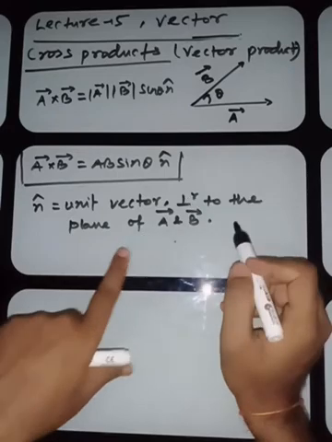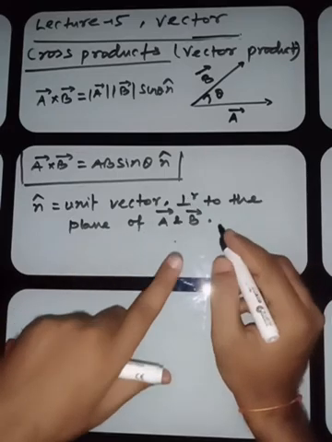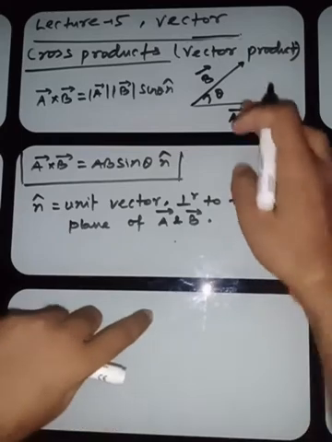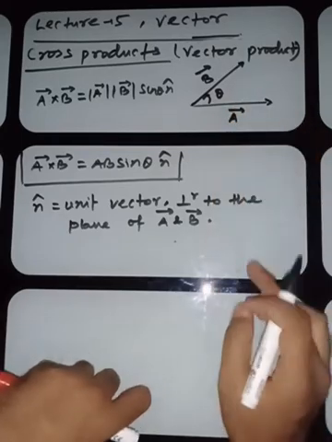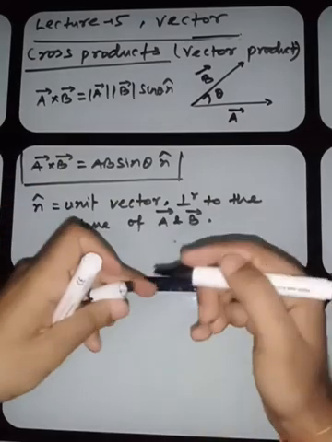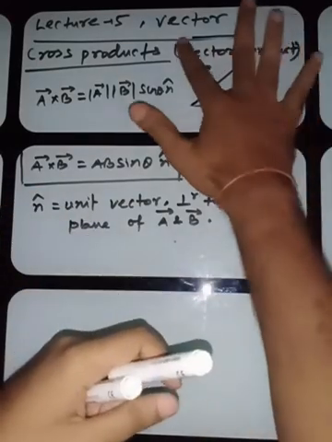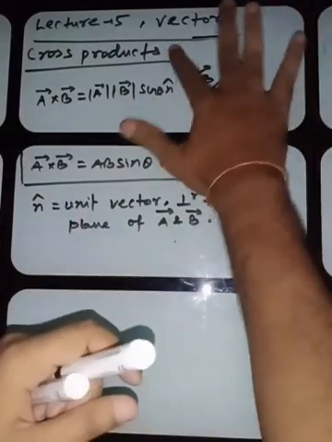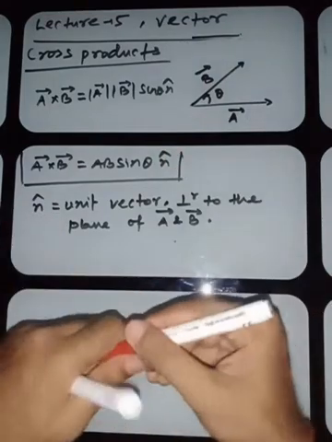Perpendicular to the plane of vectors A and B. I would like to represent here only the plane. Kindly note down. Now look here, my dear student, how we'll see this plane.